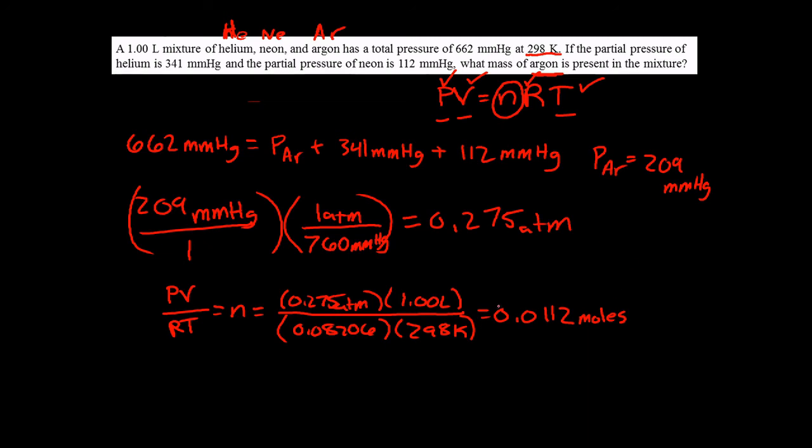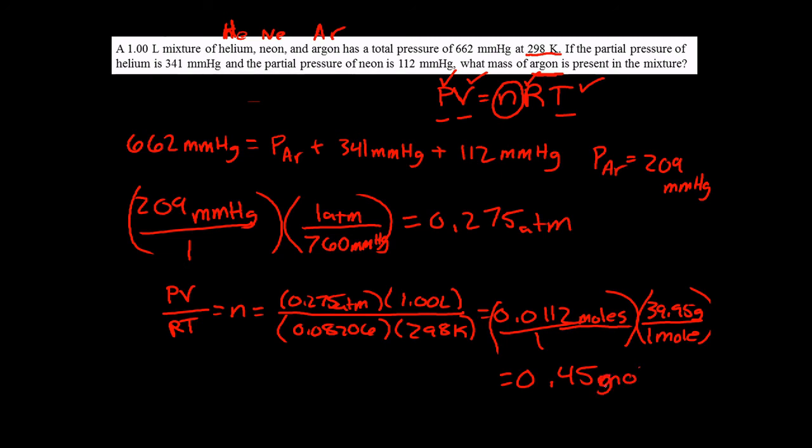Okay, so if I have this many moles, and the molar mass tells me that for every 1 mole I have 39.95 grams. If I do that math, I'm going to have essentially 0.45 moles, or sorry, not moles, grams.